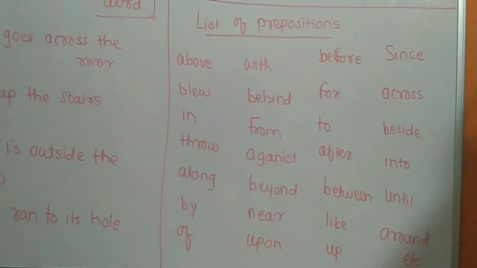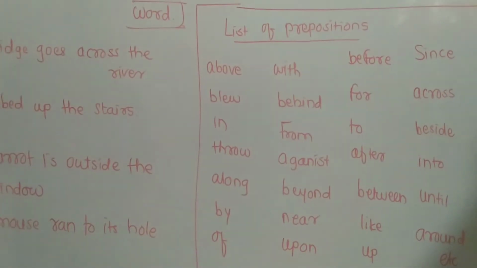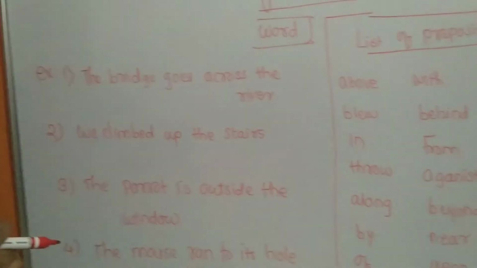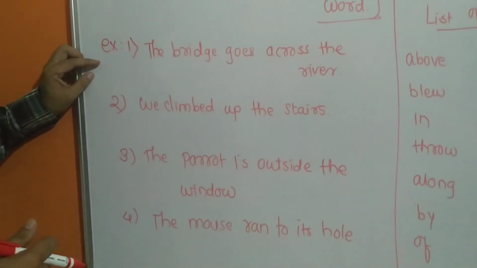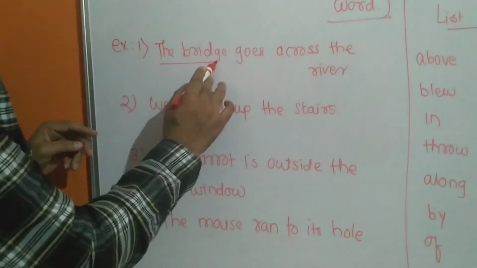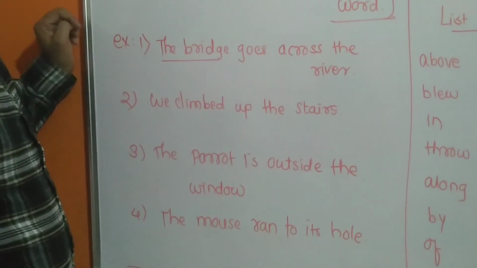So how can we use these prepositions in a sentence? See the examples of prepositions. Now the first example is: the bridge goes across the river.